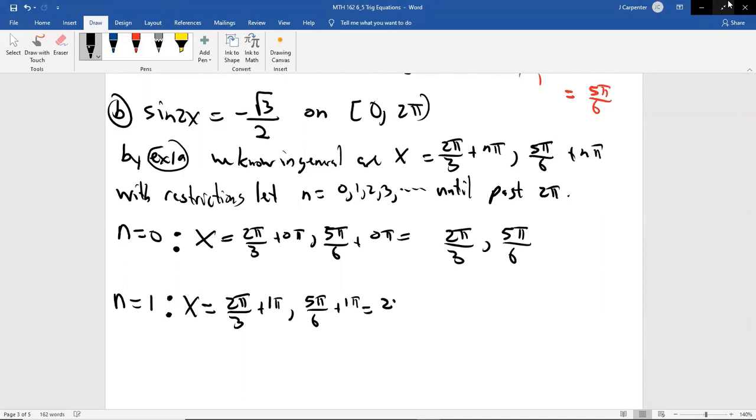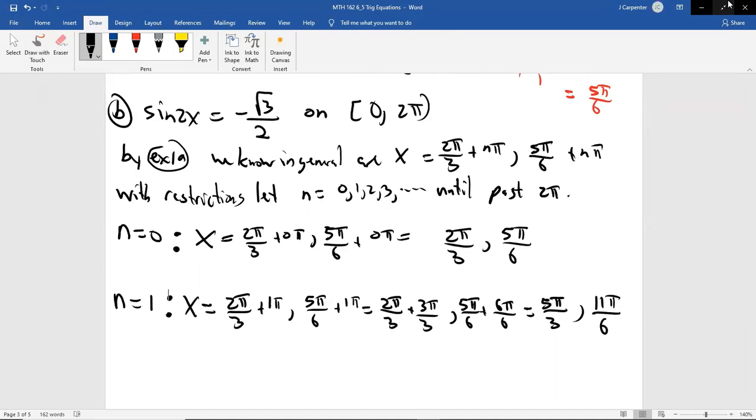So that's 2 pi over 3 plus 3 pi over 3, then comma, 5 pi over 6 plus 6 pi over 6. 2 plus 3 is 5, so that's 5 pi over 3 for the one in front of the comma. 5 plus 6 is 11, so that's 11 pi over 6 for the one after the comma. So that's 2 more solutions for a total of 4 thus far.